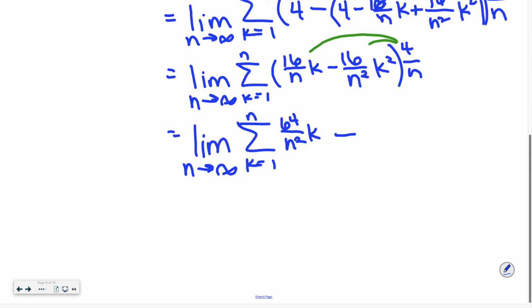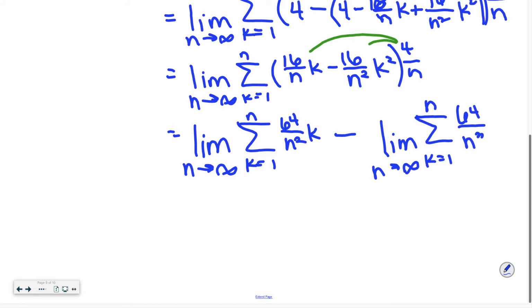And then I'm going to subtract the limit as n approaches infinity of the sum, k equals 1 to n, of 64 over n cubed k squared. The end is near. 2 steps. We have 2 steps left. Okay?